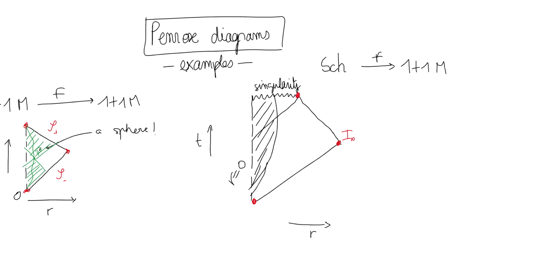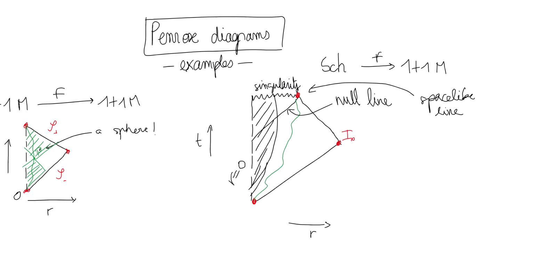And an eternal observer will still go from there to there, to the future timelike infinity, without ever needing to cross an event horizon. We can see, as we know, that the event horizon is a null line. The singularity is a spacelike line, an event in your future and no longer a point in space, but a point in time.